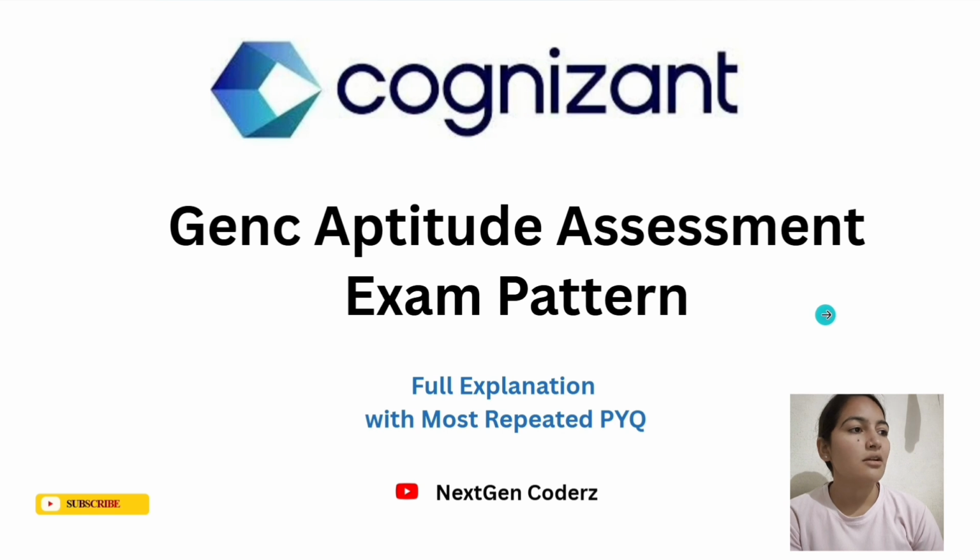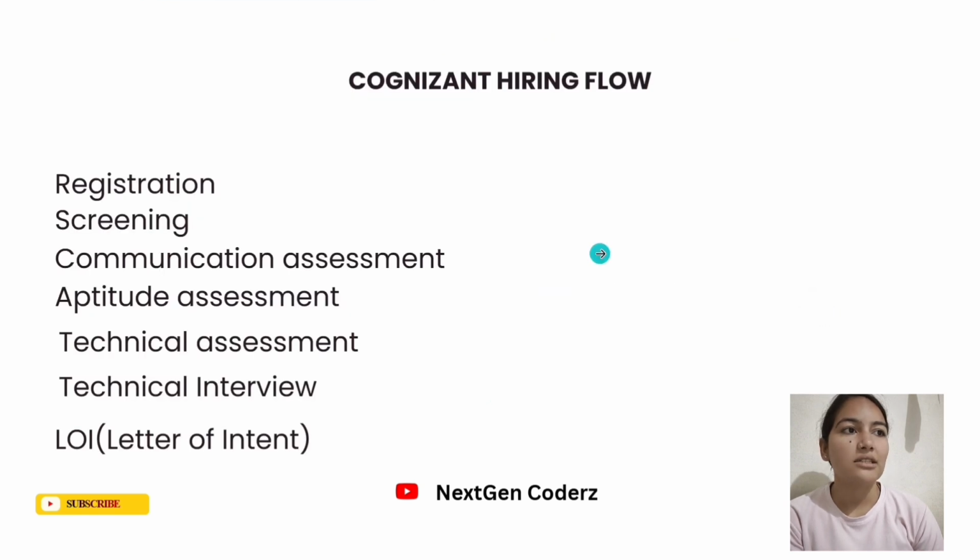So let's start. Cognizant has already started hiring for the 2026 batch on campus and the 2025 batch off campus. This is the hiring flow of Cognizant. There is a registration, then screening, and then the first round, that is communication assessment.